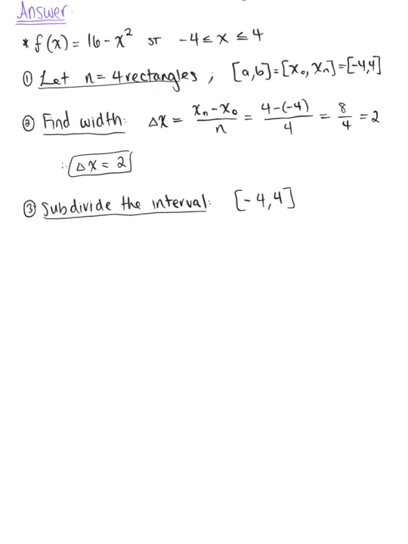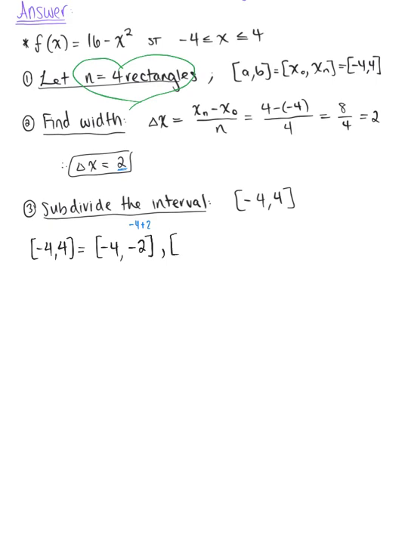We want to break this down into 4 subintervals or 4 rectangles. So we start with the endpoint negative 4, and we think, all right, negative 4 plus a width of 2. Negative 4 plus 2 leaves us with negative 2. So there's your first subinterval.